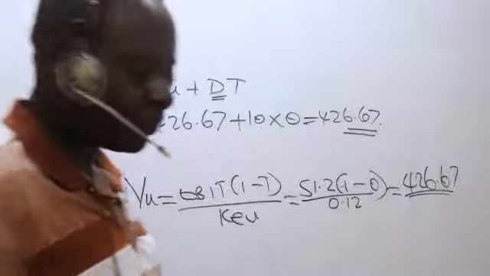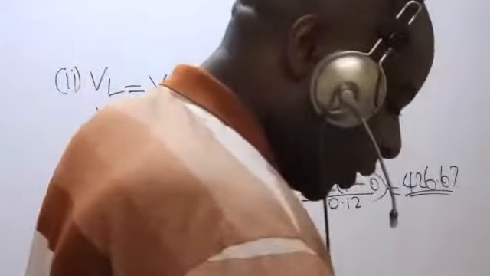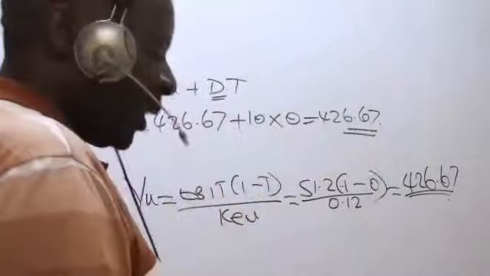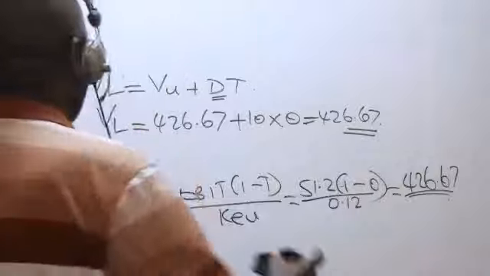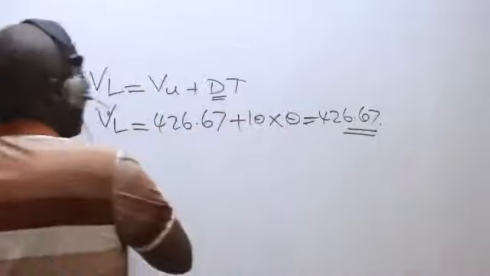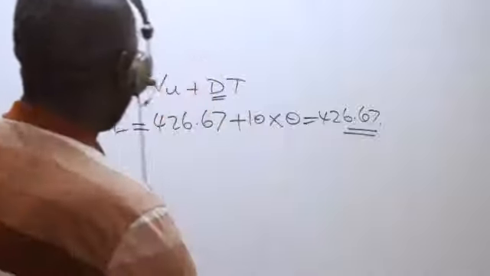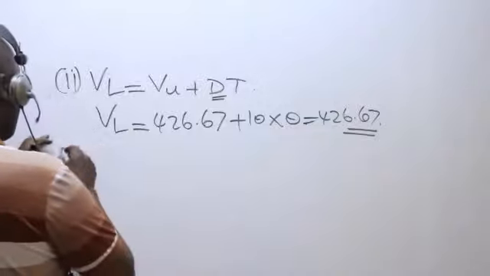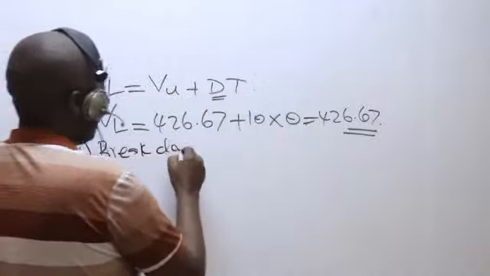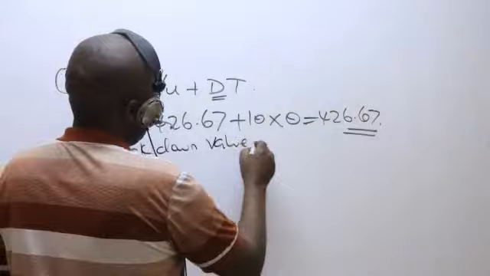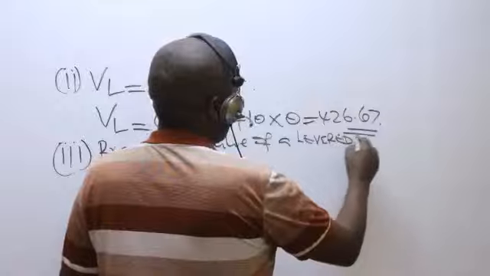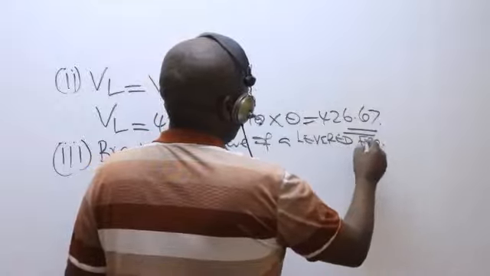Great. Now from there, ladies and gentlemen, please move to the last one, the WACC. I love WACC a lot because I know that the very first thing when they want me to give them WACC is to break down value of a levered firm.